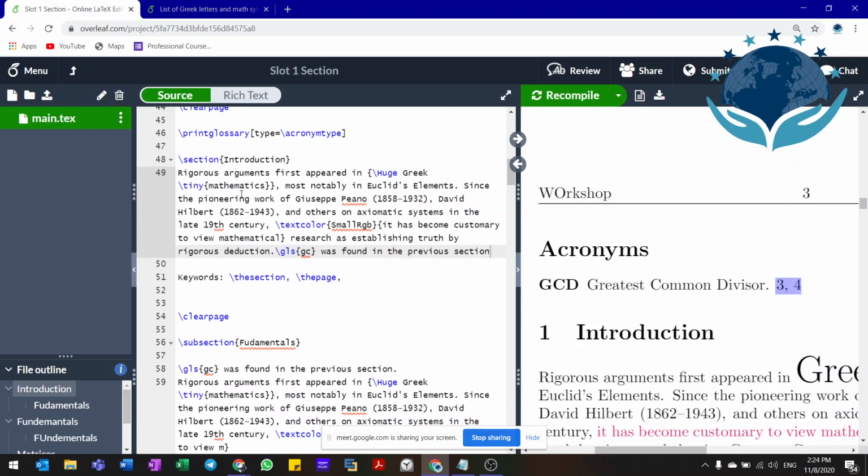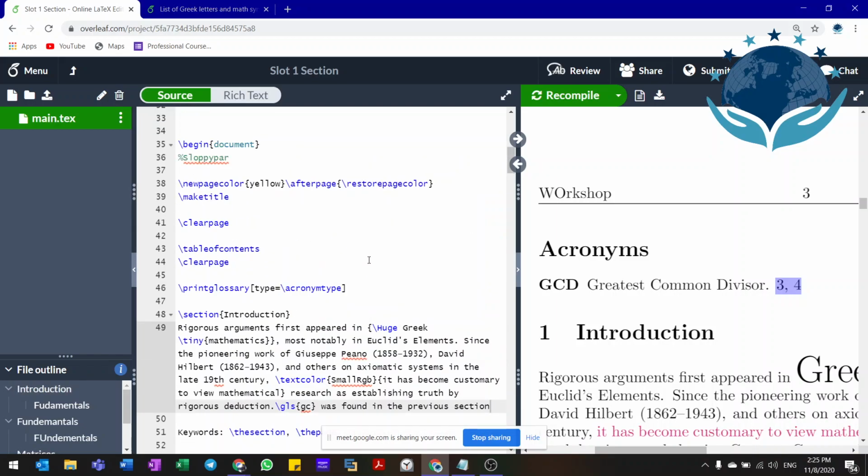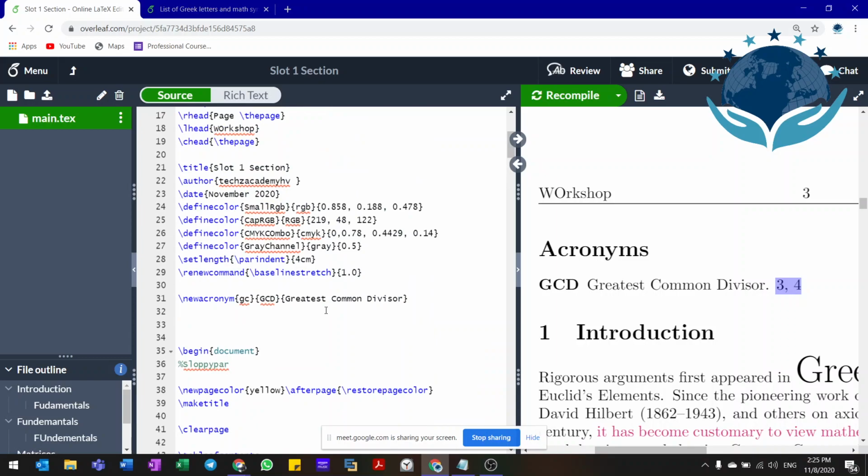Are there any suggestions or questions from the participants? Okay, just a second. There is a query from a participant on whether you have to give only capital letters inside the second braces.